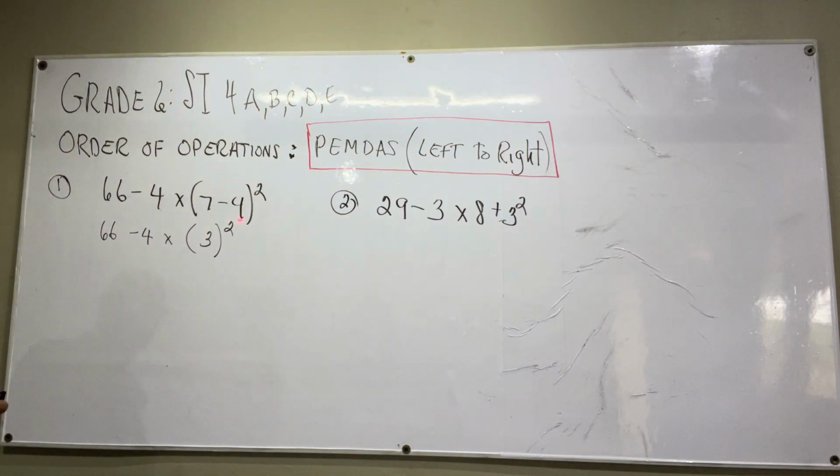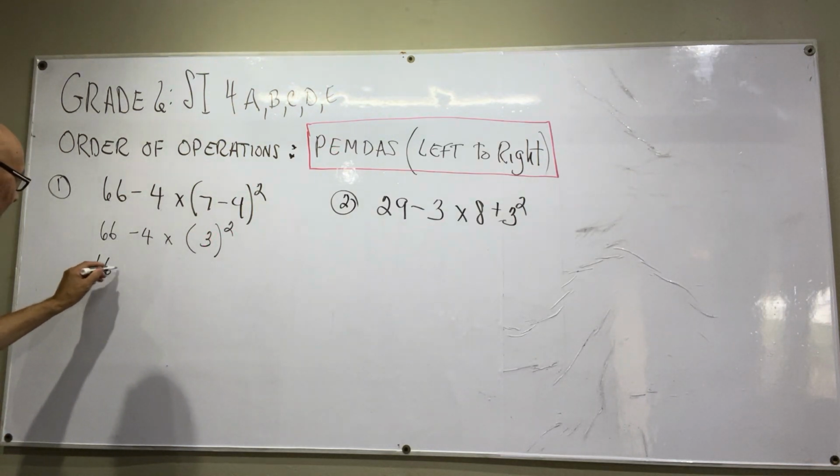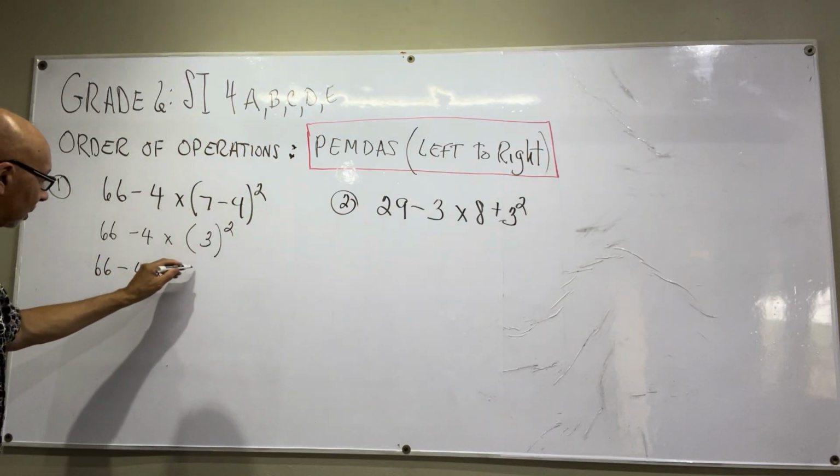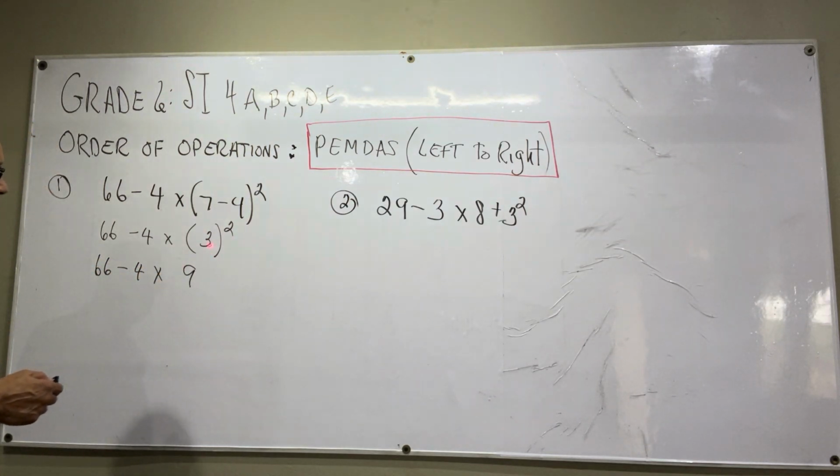So now that's reducing the parentheses down to 3 squared. So now I have to deal with the exponents. So I get 66 minus 4 times 9. 3 squared is 9.